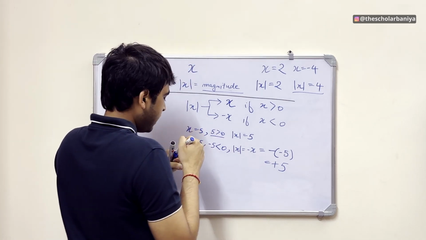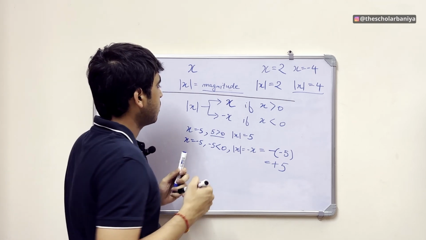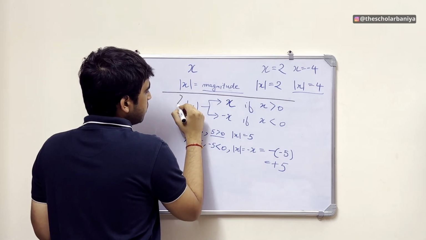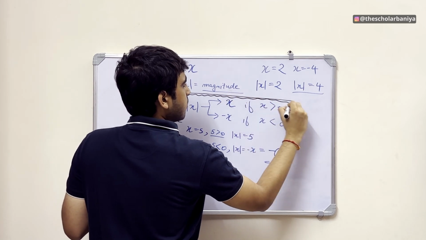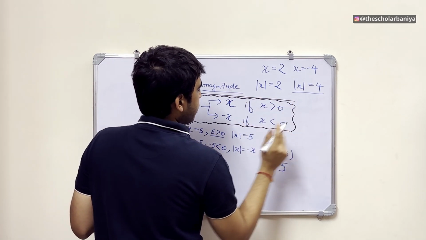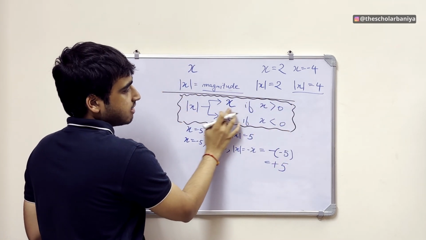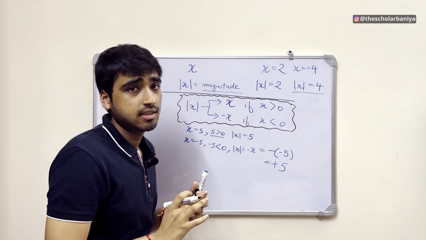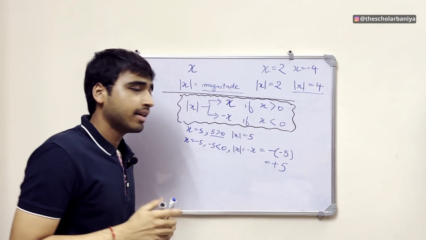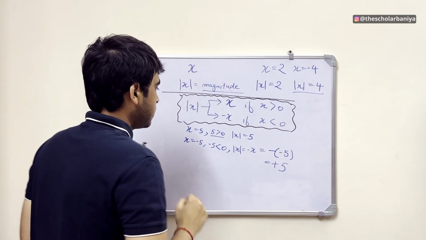So you should memorize this because this will make questions pretty simple. This formula, right? That mod x will be x if x is greater than 0, and mod x will be minus x if x is less than 0. So this is one thing which you should understand first of all, okay?